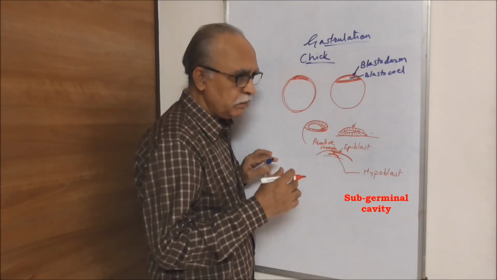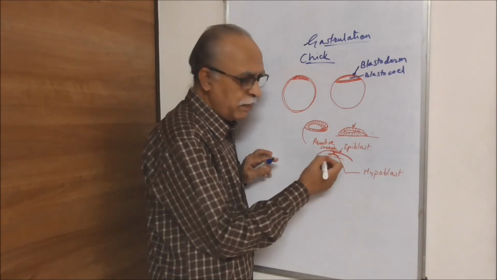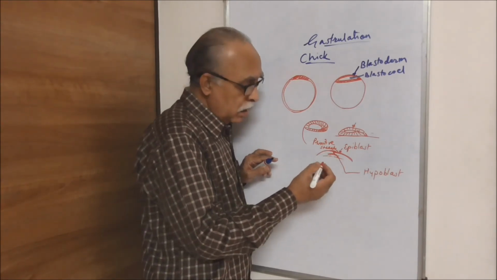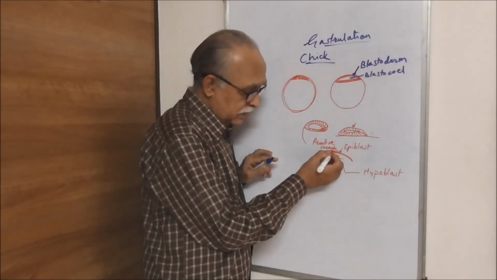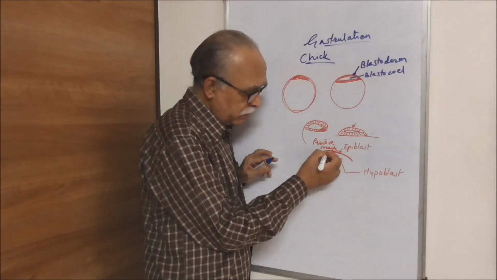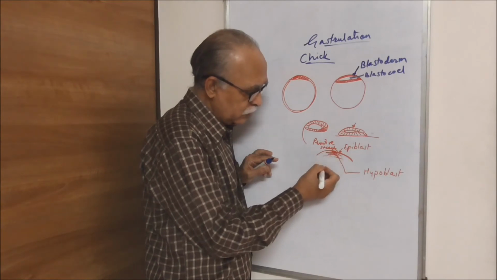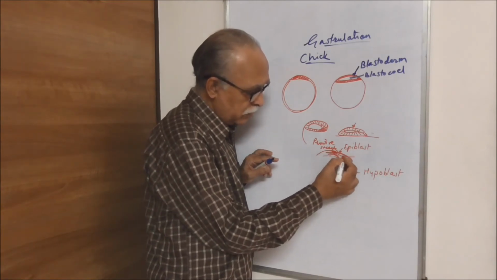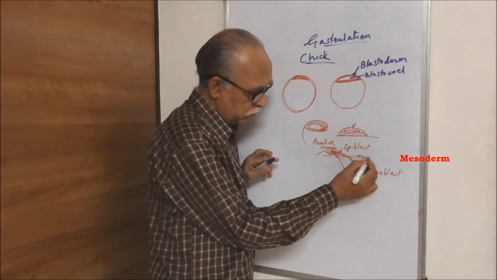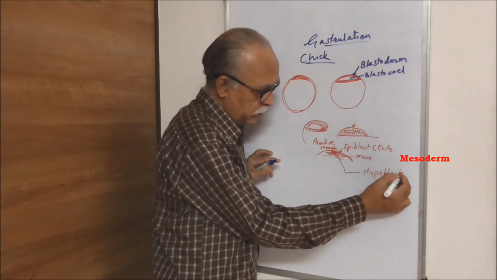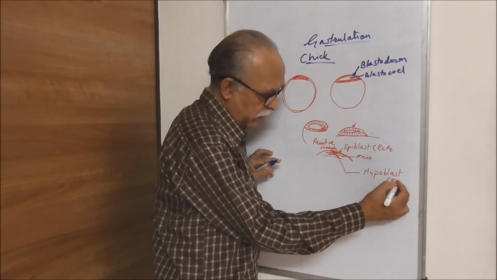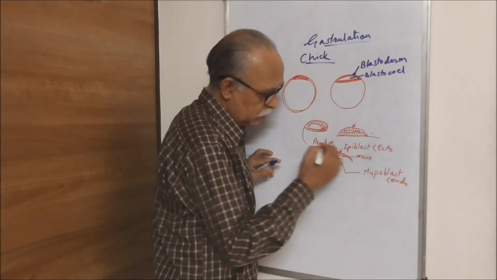The blastoderm should be developing above it. Now mesoderm, some cells would start detaching from here and would be forming one more layer in this position. This would become the mesoderm. So this would become ectoderm, this would become endoderm, this would become mesoderm.